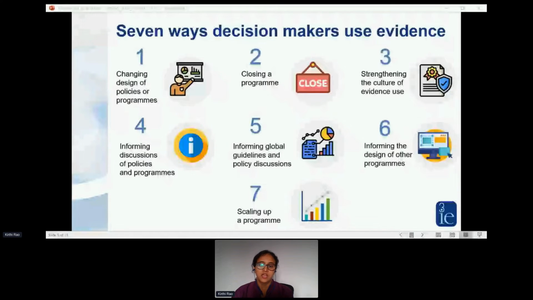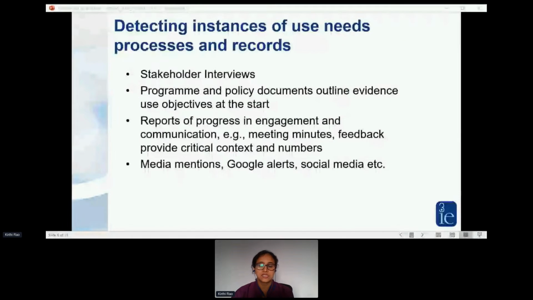The second element for identifying instances of use is processes. To figure out whether a research product has actually influenced a decision, we need a tip-off. So we do not usually find a decision maker directly saying that they have used the evidence, except perhaps in end of program or project interviews.